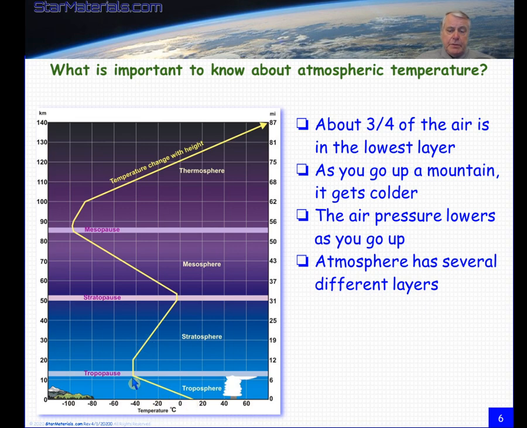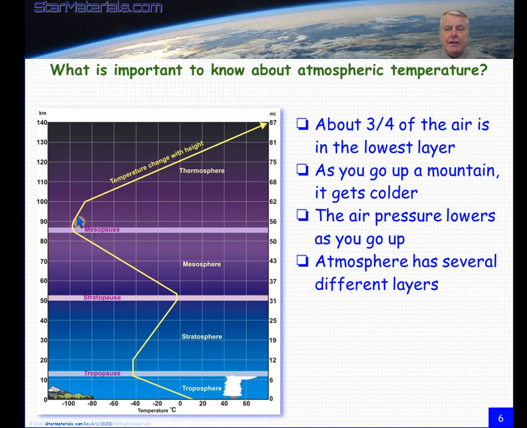You would expect it would get colder as you go higher, and that works in the troposphere. But then you get less and less air molecules, so they heat up until you get to another level, somewhere around 31, 32 miles up, where it starts getting cold again because there's not a lot of air molecules.